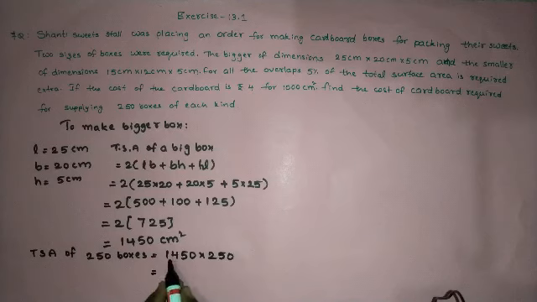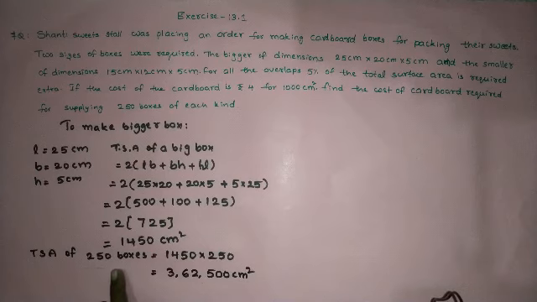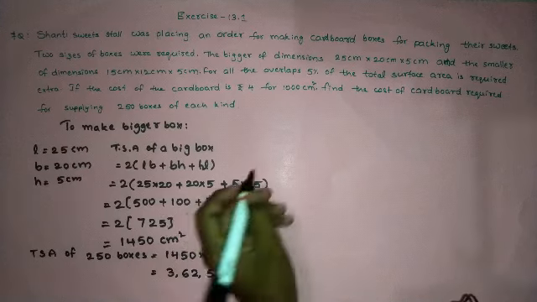After multiplying 1450 and 250, we will get 3,62,500 centimeter square. This is the total surface area of 250 big boxes, that is 3,62,500 centimeter square. Next one, to make smaller box.